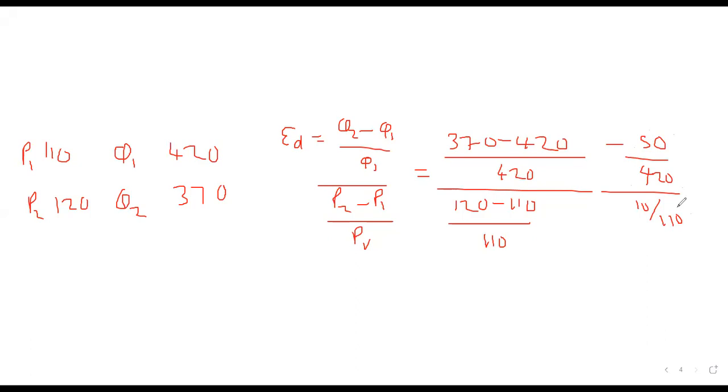You can punch it as I go: open brackets, -50 divided by 420, close brackets, divided by open brackets, 10 divided by 110. You get the answer directly, -1.31.